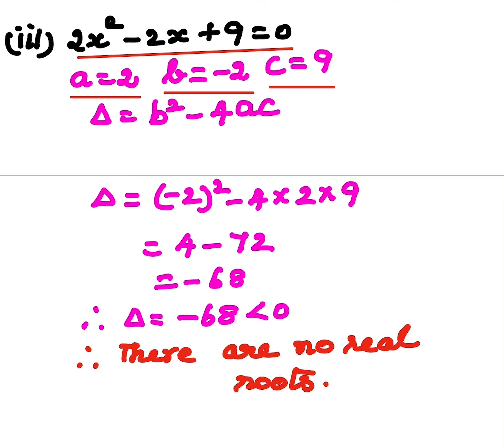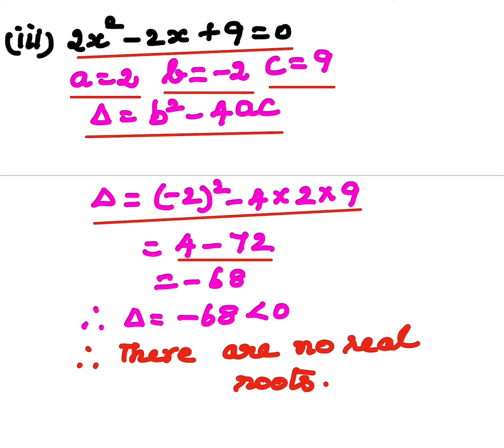The discriminant delta is b squared minus 4ac, which is minus 2 squared minus 4 into 2 into 9. Minus 2 squared is 4, and minus 4 into 2 into 9 is minus 72.